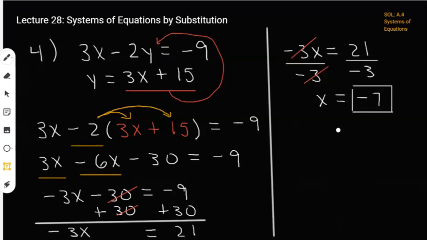Okay, so the last thing I'm going to do is solve for y, and I'm going to plug that into the bottom equation right here. The bottom equation is y equals 3x plus 15. So I can just plug that number in for x. I get y is equal to 3 times negative 7 plus 15.